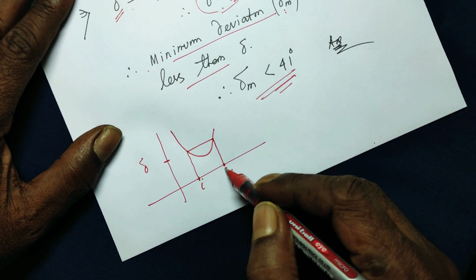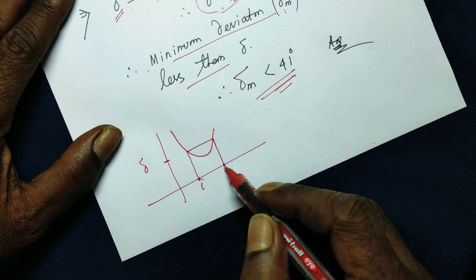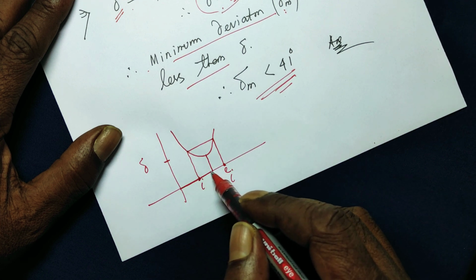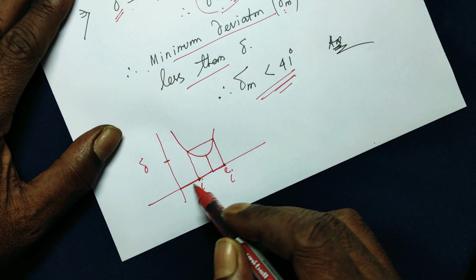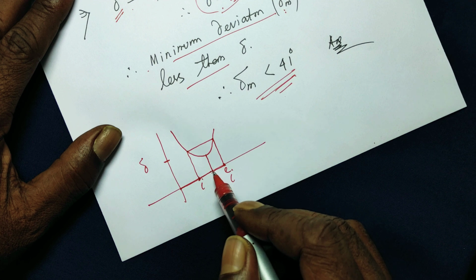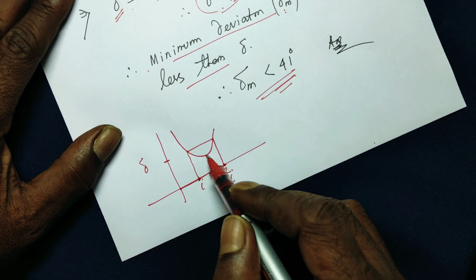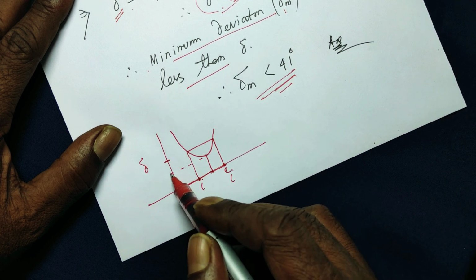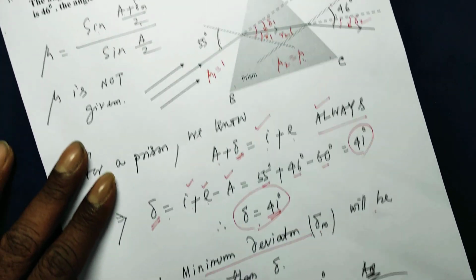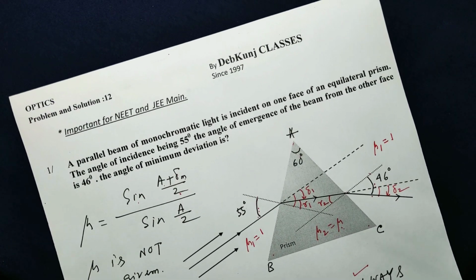This is I, this is E. When E decreases, I increases, so at this point I is equal to E, and at that point your delta is equal to delta m. Right, so that is all about it. So thank you.